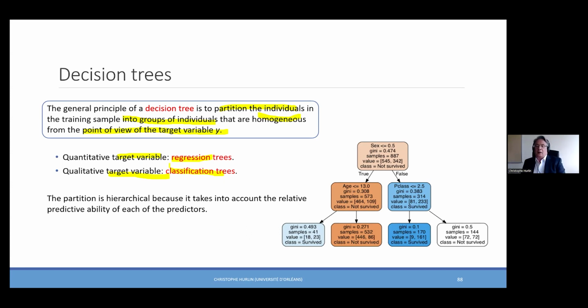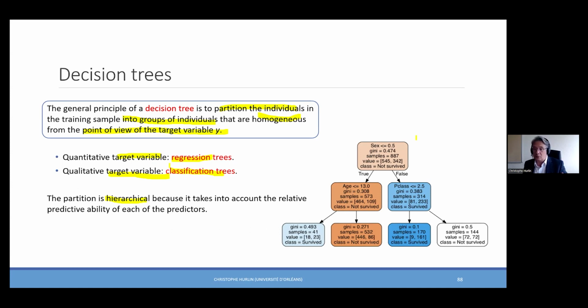This partition is hierarchical, because it takes into account the relative predictive ability of each predictor. What does it mean? It means that, to group together the individuals of my training dataset, I will use several features.